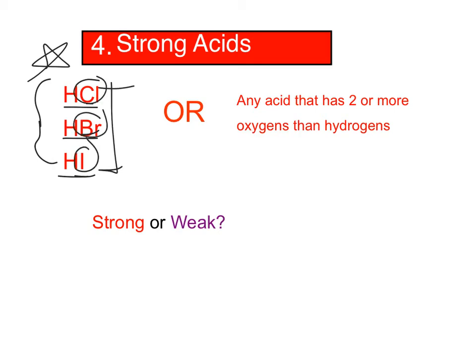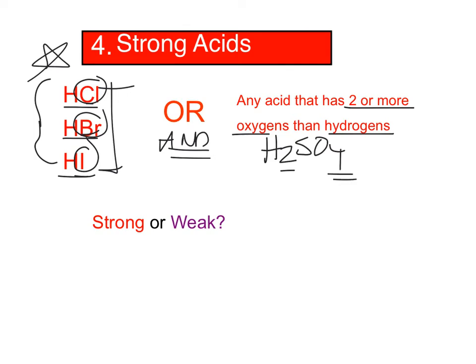Those three acids are strong, and any acid that has two or more oxygens compared to the hydrogens. So for example, H2SO4, if you compare hydrogens to oxygens, there's 4 oxygens, 2 hydrogens, there's double the amount, there's at least 2 more oxygens than hydrogens, that's a strong acid.